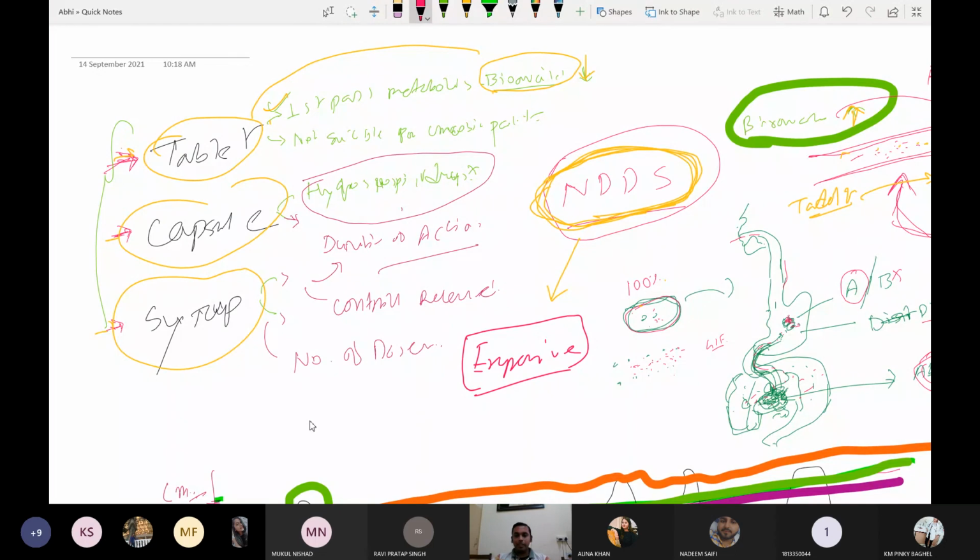Any other points on NDDS? Nothing? You want to share anything? Alina, Mukul? About the expensive part, when we make a drug in NDDS, obviously it will become so expensive. So do you think of any other disadvantage?